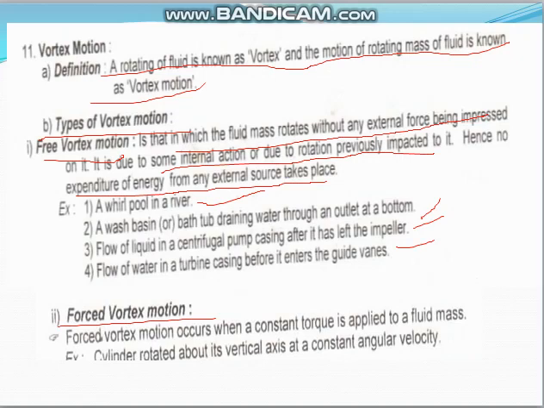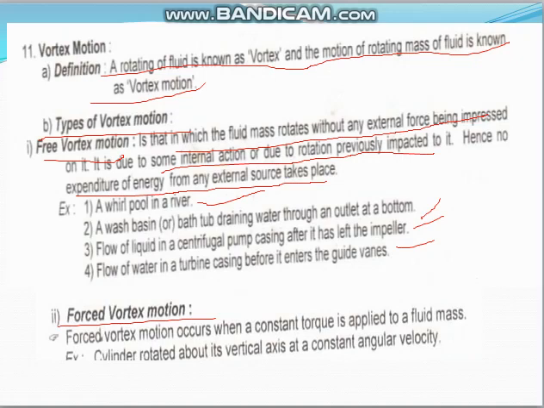Simply, we can say that free vortex motion means the mass of the fluid rotates without any external force acting on it.